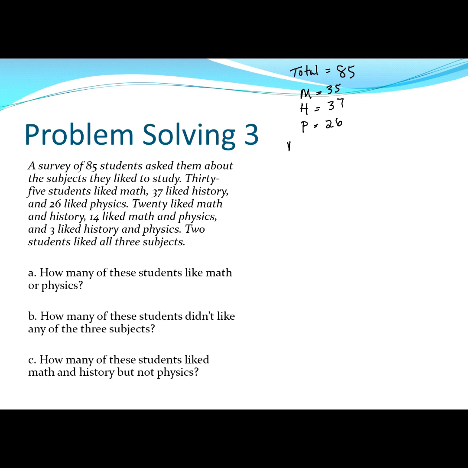Now, the ones that liked math and history is 20. The ones that liked math and physics is 14. And the ones that liked history and physics equals 3. And then the ones that liked all 3, there is only 2 that liked all 3.